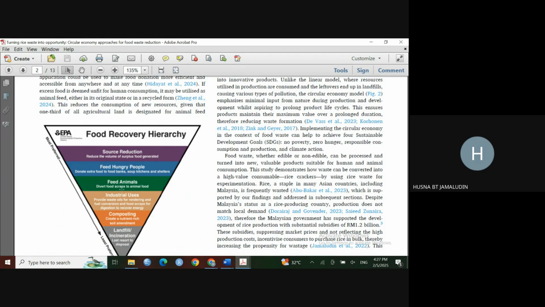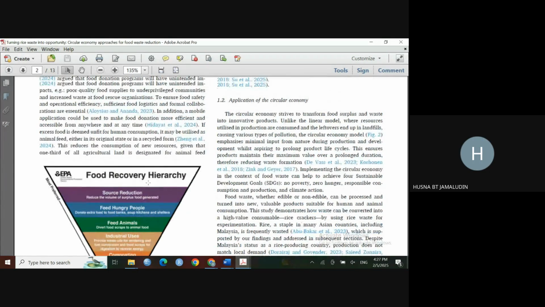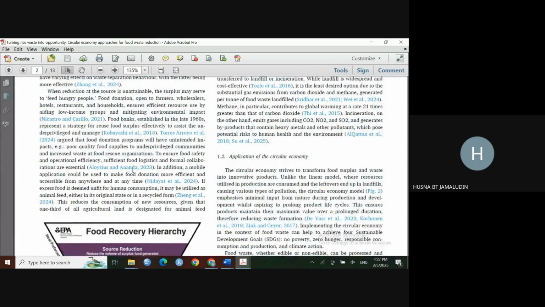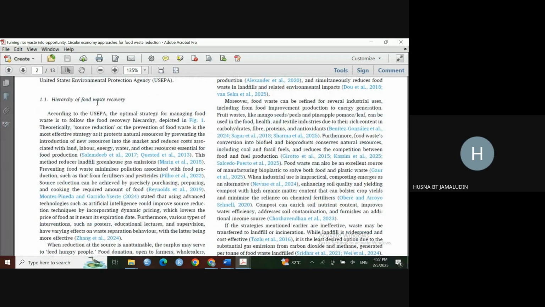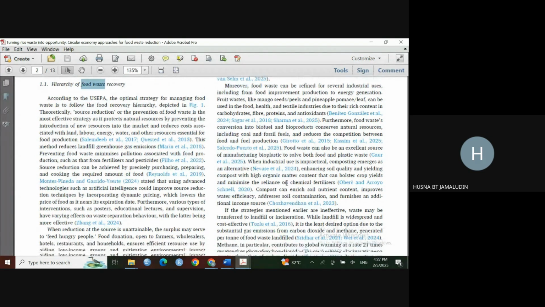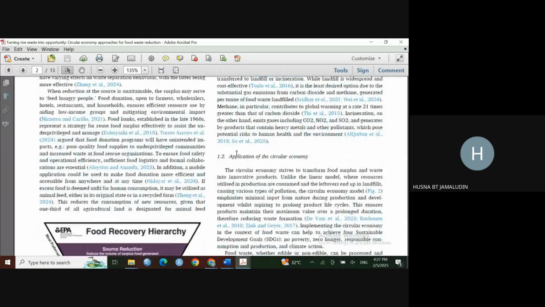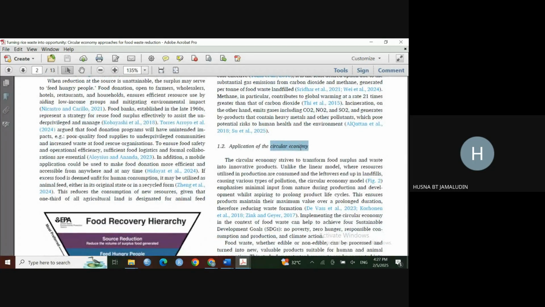So what I did is that, because I'm dealing with rice waste, I have to review all the studies that use this kind of method. So I'm reviewing the methods of dealing with food waste. And because I'm talking about a new concept, the circular economy, I also review the concept.